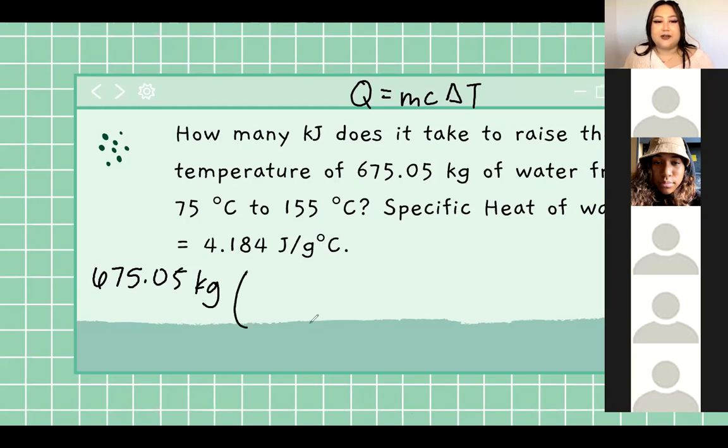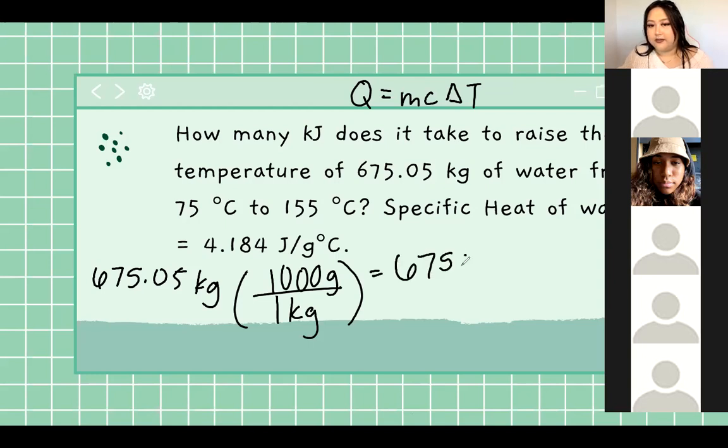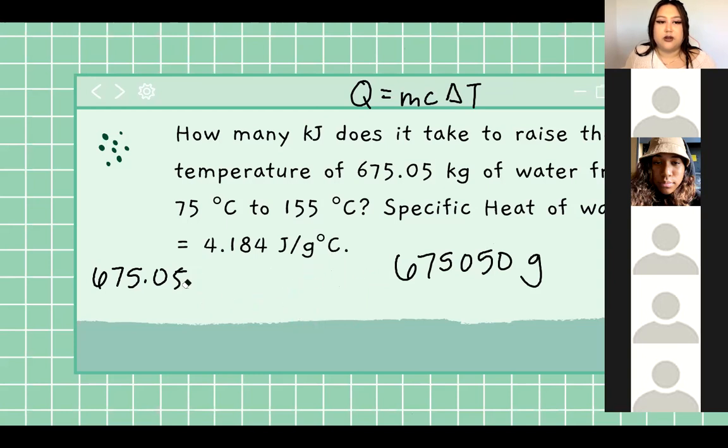So 1 kilogram over 1,000 grams. So we multiply that and we get 675,050 grams. And then that can be plugged into our equation.